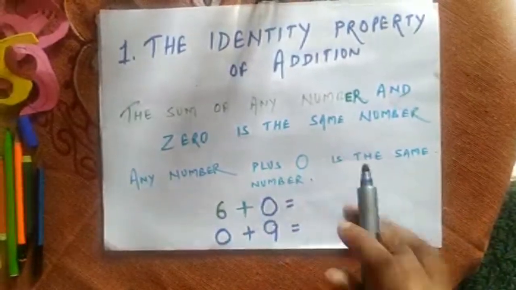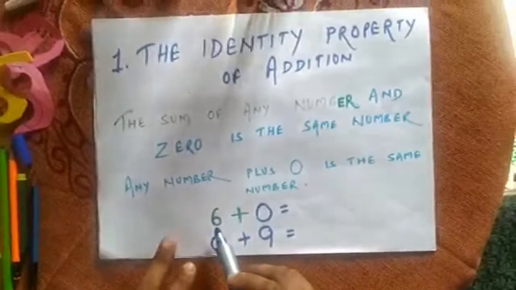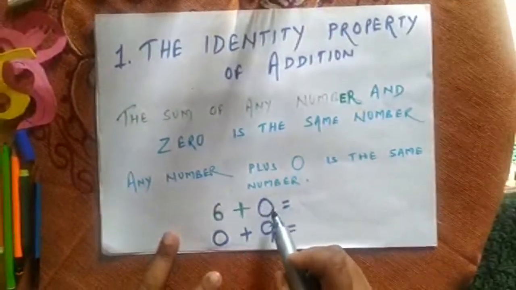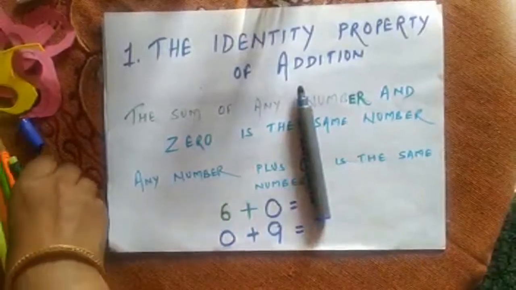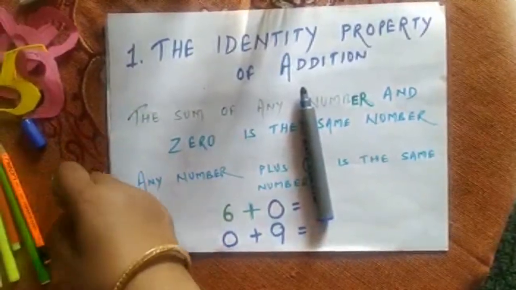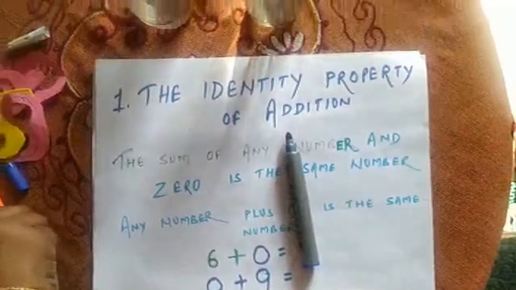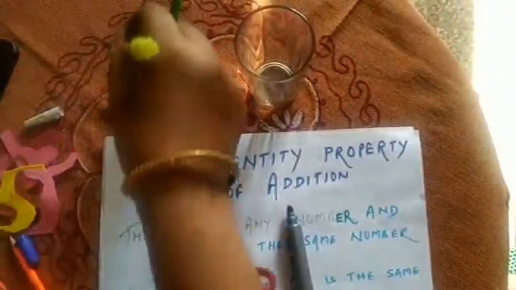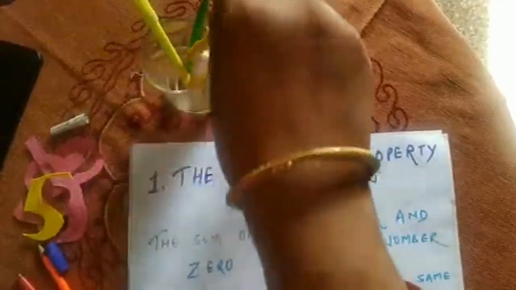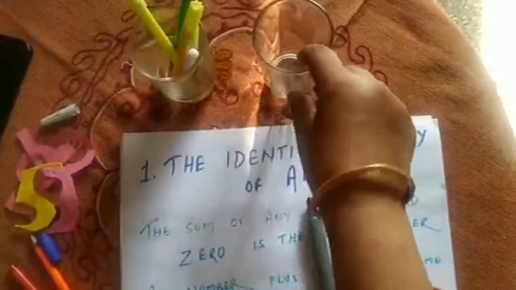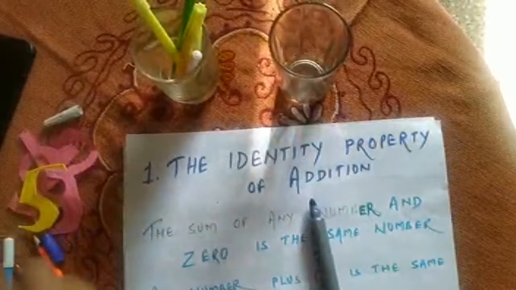Let us clarify with an example: 6 plus 0. I have 6 sketch pens: 1, 2, 3, 4, 5, 6. And the other addend is 0.